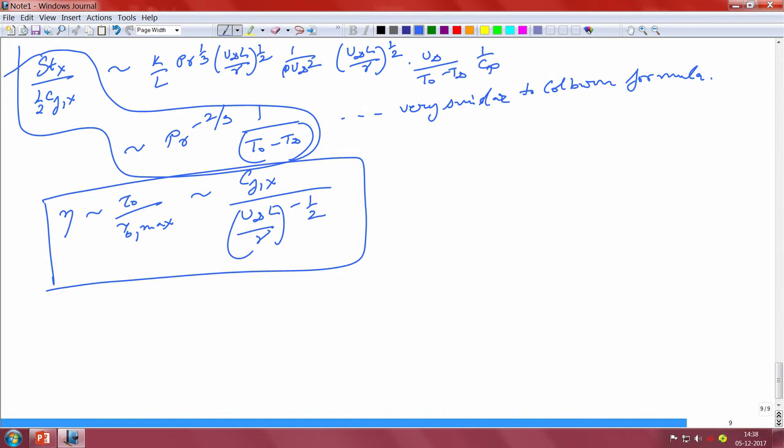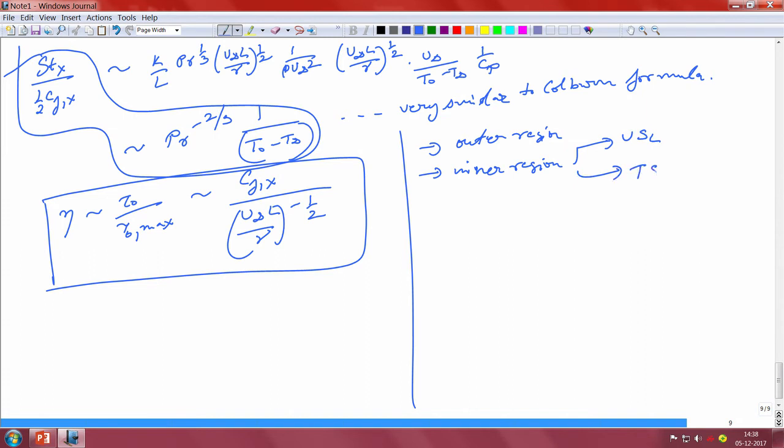For the turbulent external flow, we can summarize and say that there is an outer region, then there is an inner region. The inner region is composed of two parts, the viscous sublayer and the turbulent sublayer. The viscous sublayer ends where the Reynolds number is approximately 100, then the turbulent sublayer is marked by small eddies.